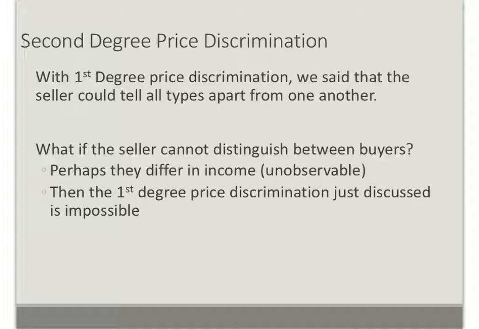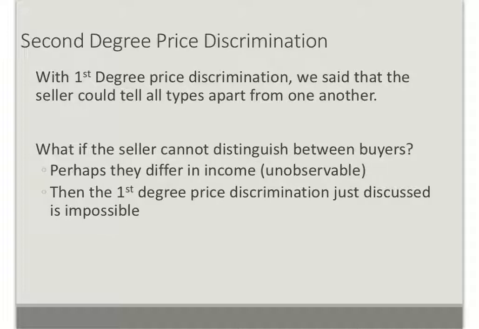If a firm cannot distinguish between buyers because they vary based on something unobservable, so maybe you want to tailor one price to your high-end customers and one price to your low-end customers, or one price to a certain group, whatever they vary upon.